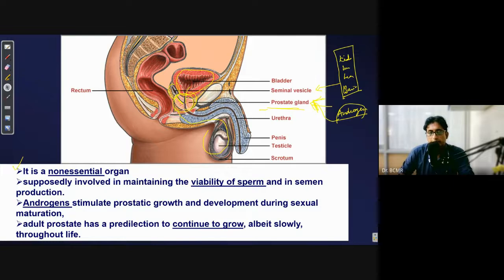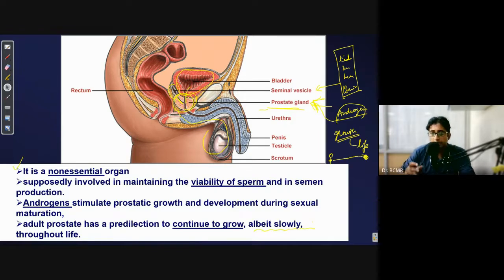The prostate gland is one of the rarest tissues that has the possibility of growth throughout life. That means a boy with a small prostate may possibly have a larger prostate as they get older. They grow very slowly.